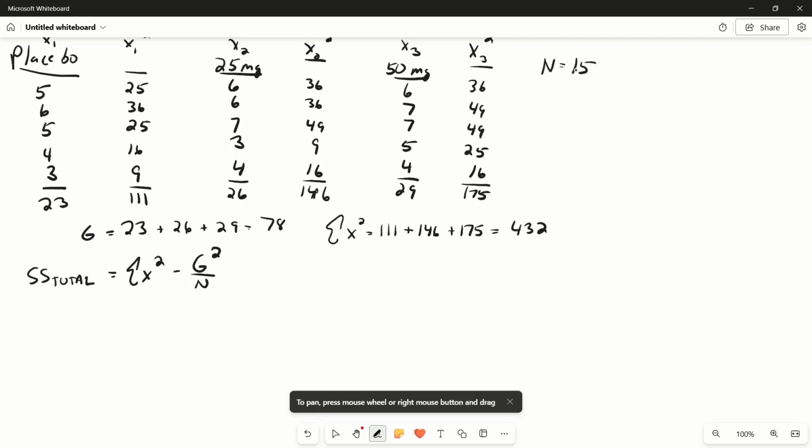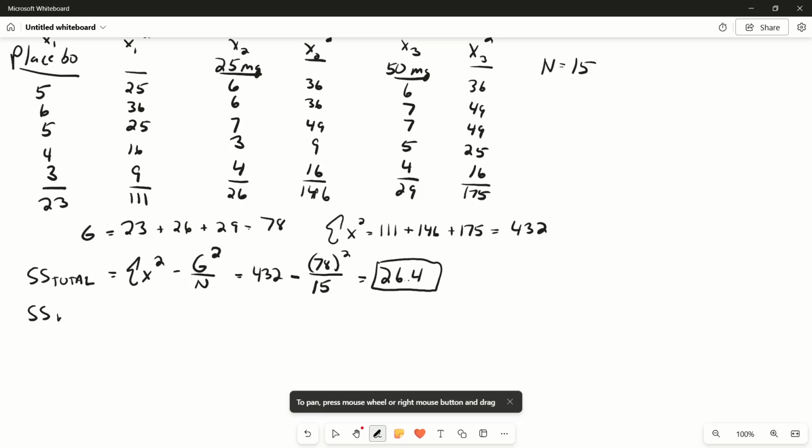So capital N is the total sample size at 15. So sum of x squared is 432, we have that already. Minus G, we have a 78. Square that, put it over N, which is 15, the total sample size. And when we simplify that, we get 26.4. So that is going to be our sum of squares total.